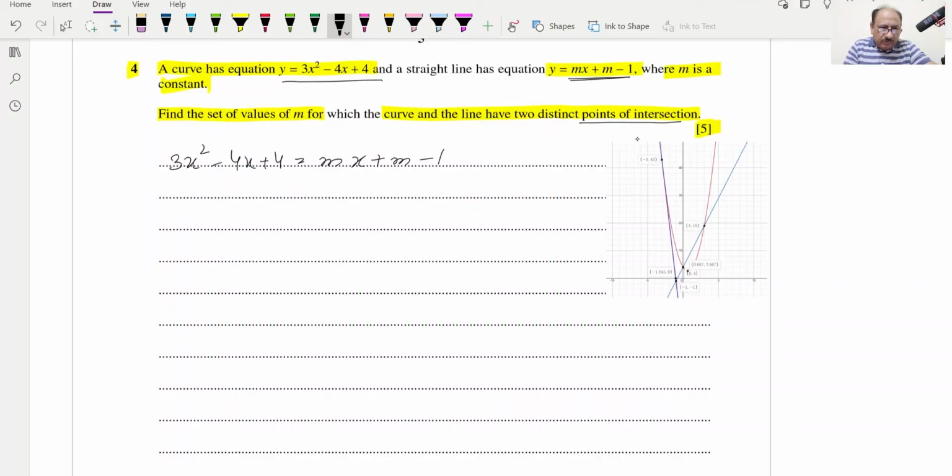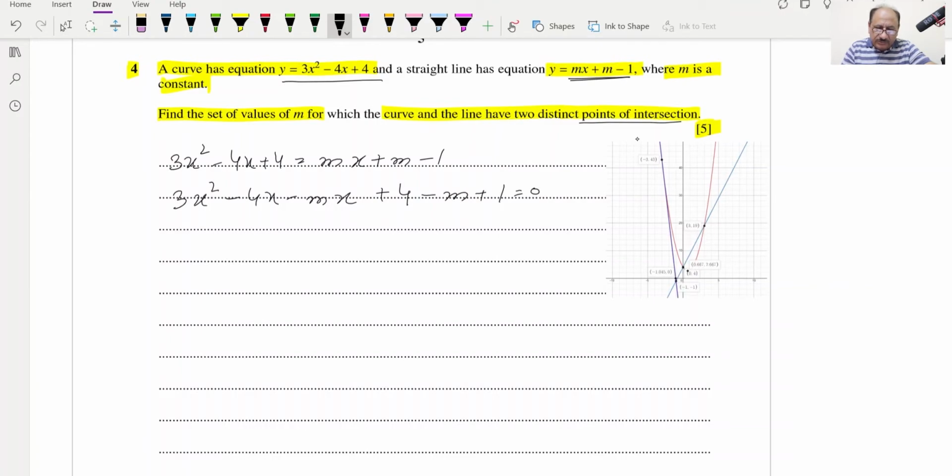We shift everything to this side: 3x² − 4x − mx, like terms arranged, plus 4 − m + 1 = 0.